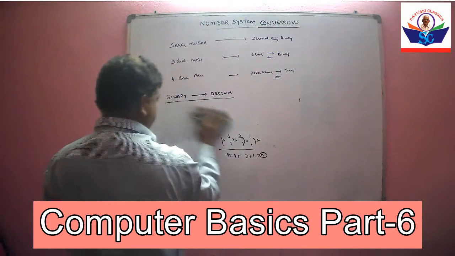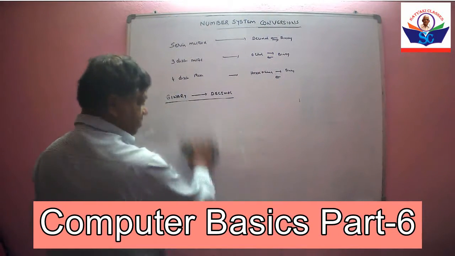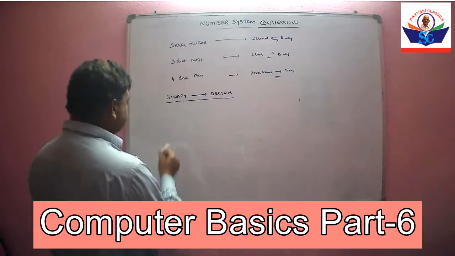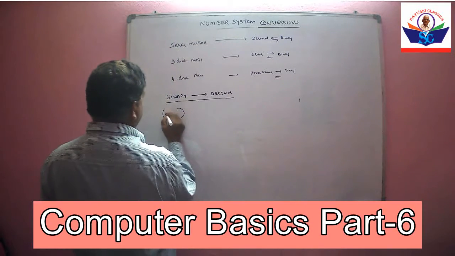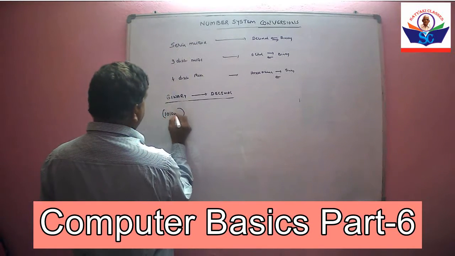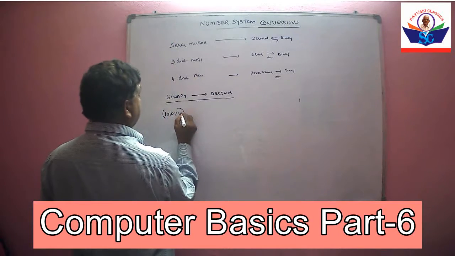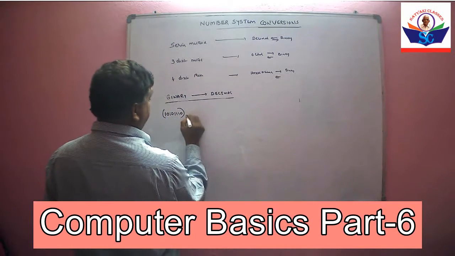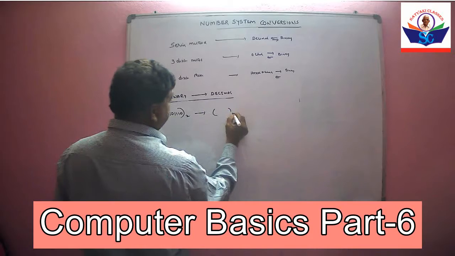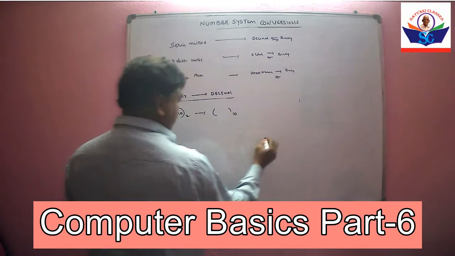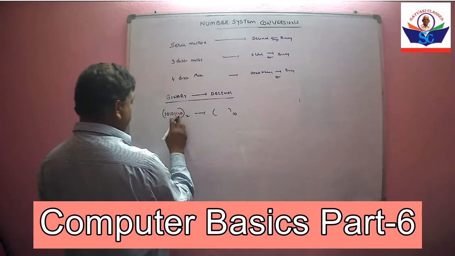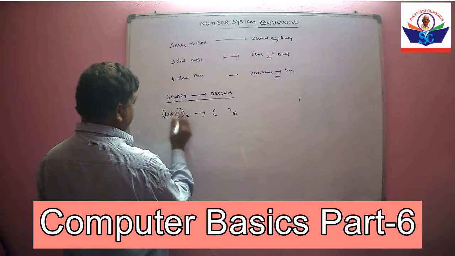Now we will take another one. 1 0 1 0 1 1 1 0 in binary is equal to which decimal number? How many digits are there? 1 2 3 4 5 6 7 8.